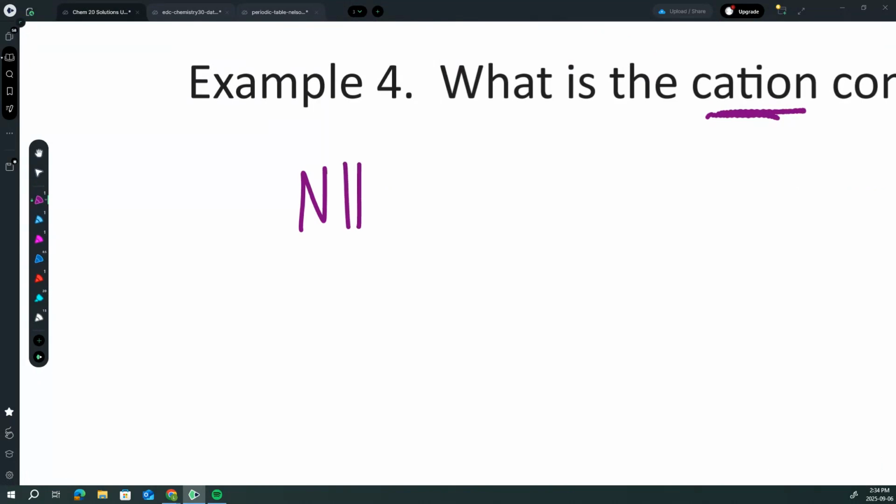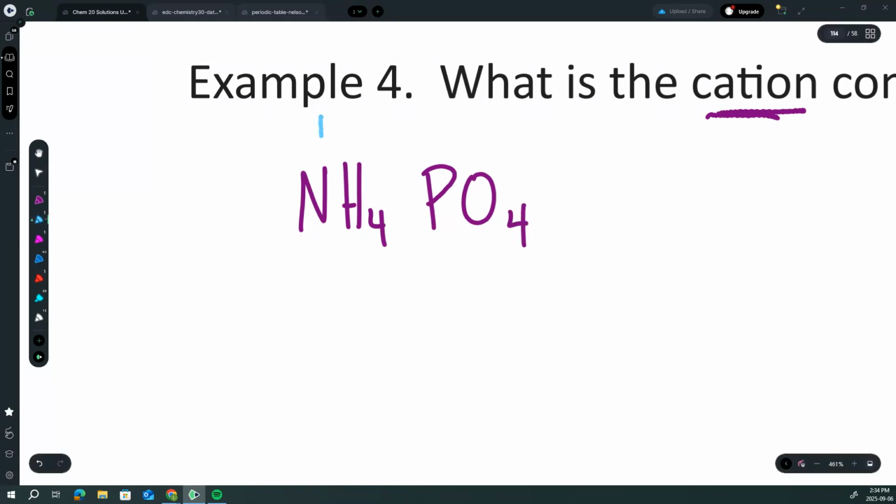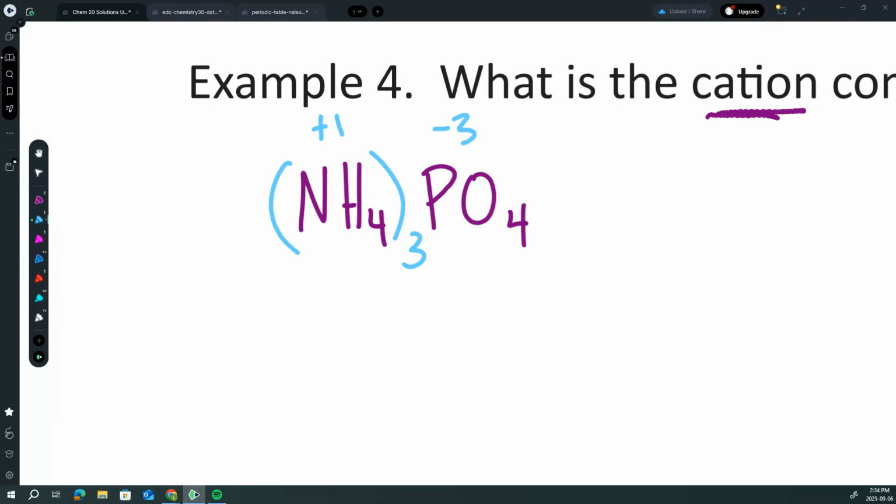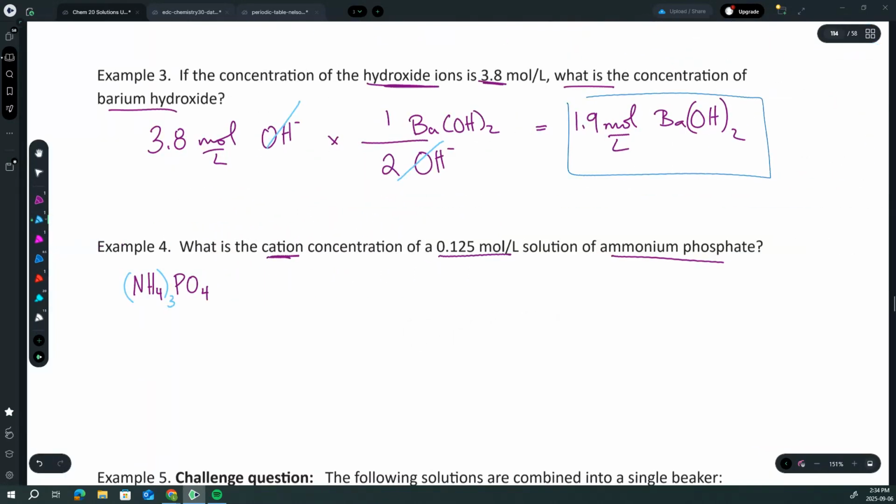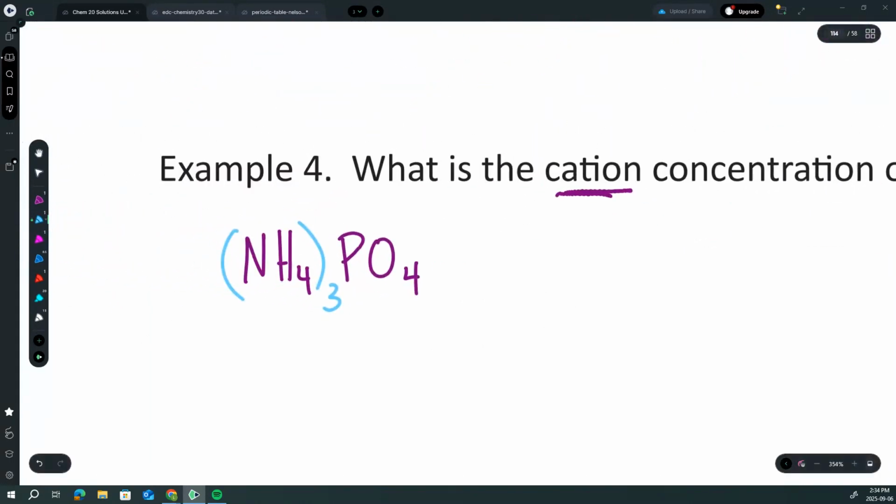So ammonium, phosphate. All right. So +1, -3. Obviously, 1 minus 3 is not 0. So we got to do crisscross applesauce. There we go. So now that is balanced. Okay, and since it says a solution of ammonium phosphate, then we got to go aqueous.